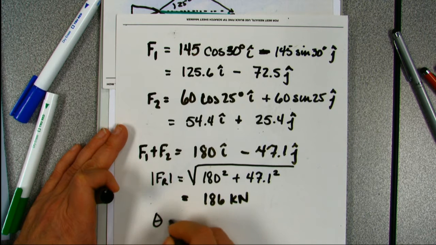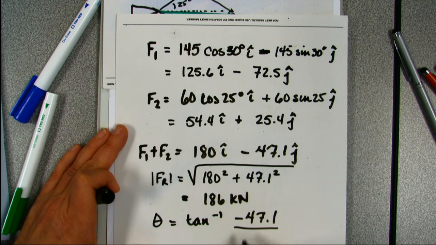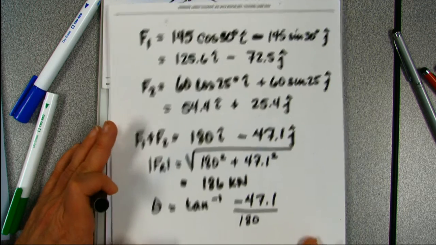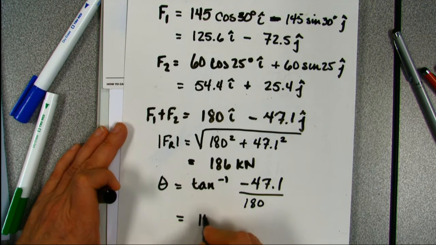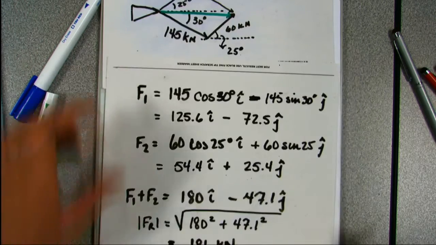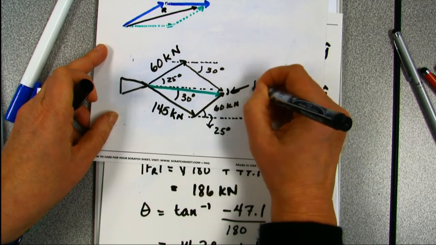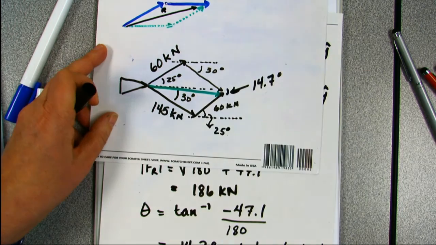And I can do my angle, which is going to be the arc tangent of minus 47.1 divided by my 180. And it ultimately gives us 14.7 degrees below the horizontal. So if I did this over here on my picture, this angle is 14.7 degrees.